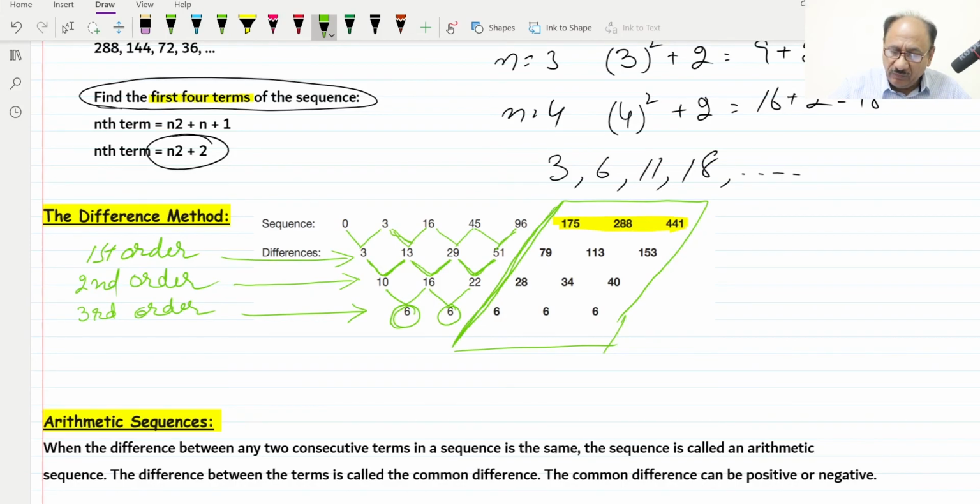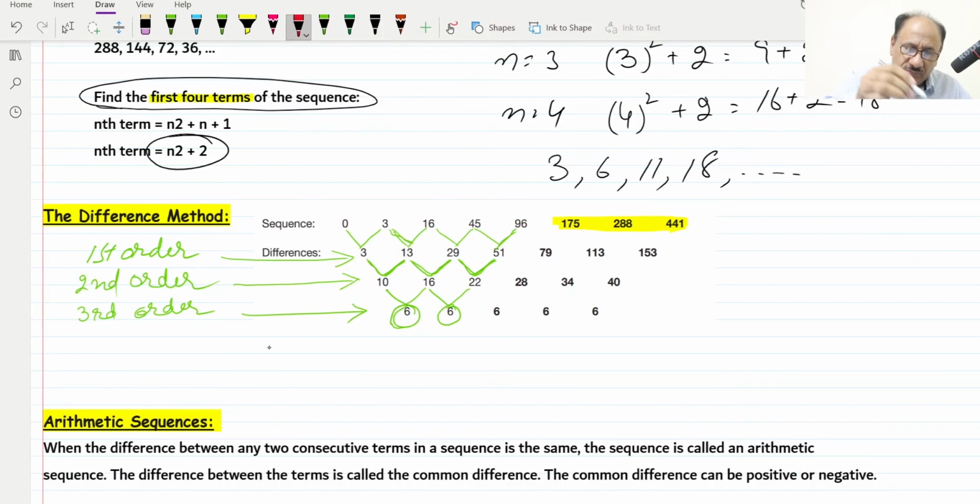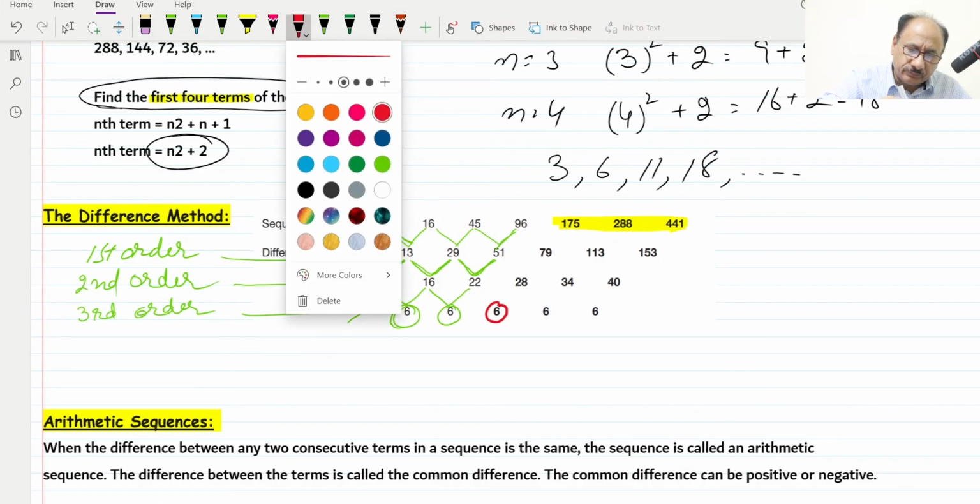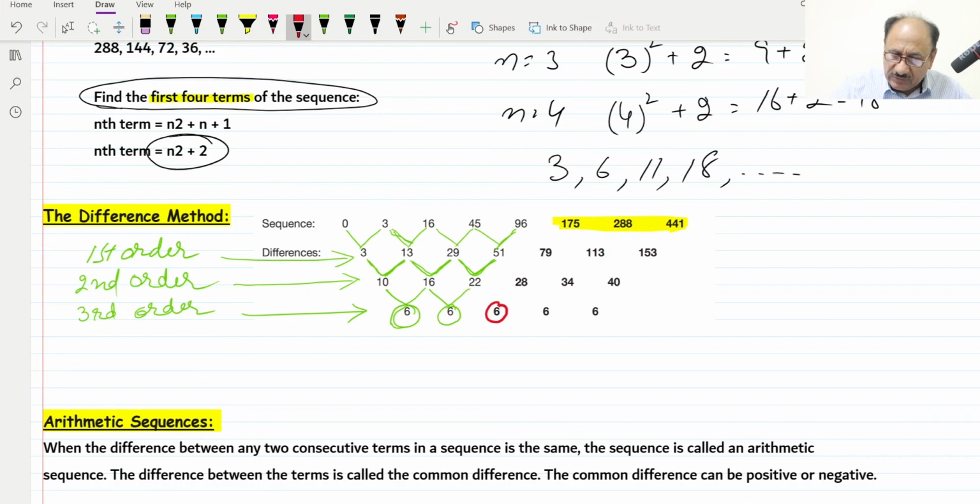So we will follow the same process to find the other terms. Now how we will follow this, next difference will be 6, this will be the same. So we will add this 6 in 22, 6 plus 22 will be 28.